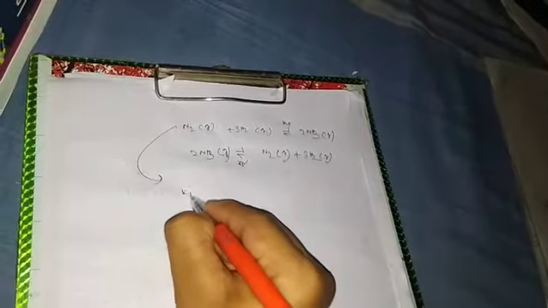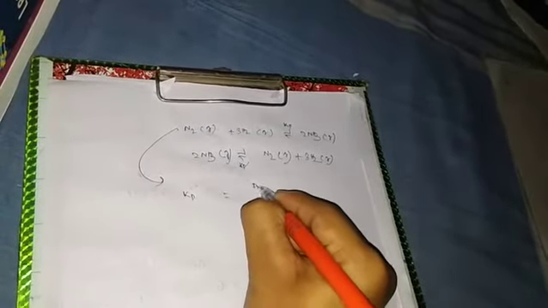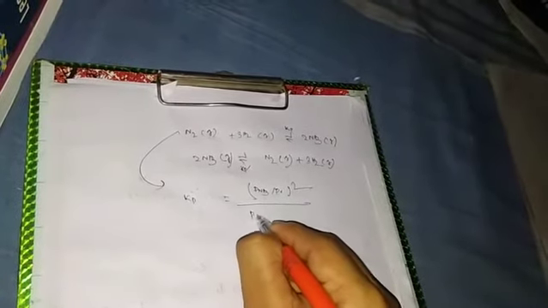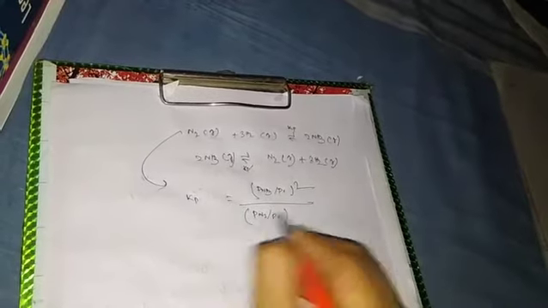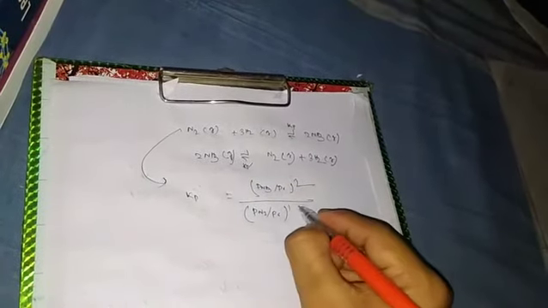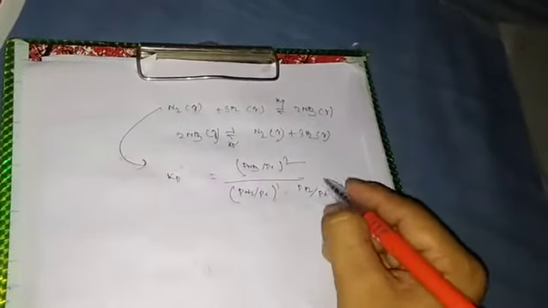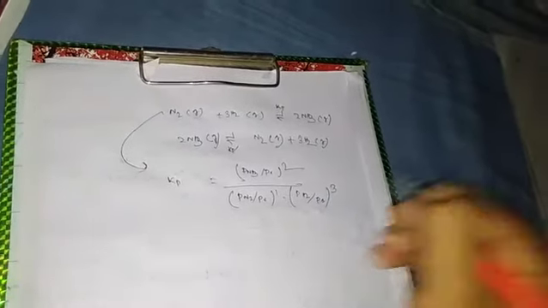If we reverse a chemical reaction, what will change in the equilibrium constant? In this case, Kp will be partial pressure of NH3 divided by P0 to the power 2, divided by partial pressure of N2 divided by P0 to the power 1, into partial pressure of H2 divided by P0 to the power 3.